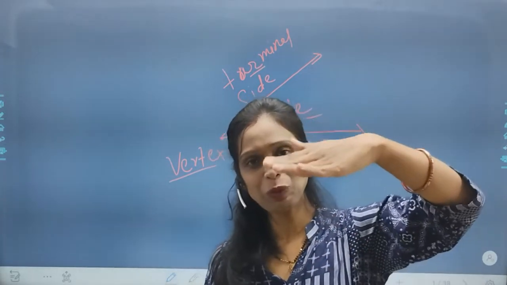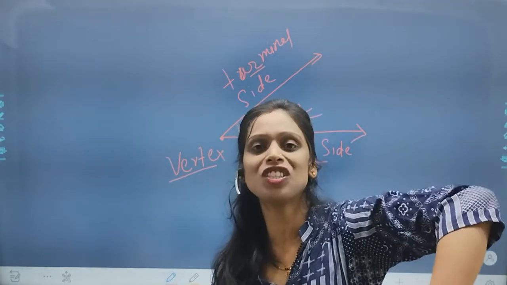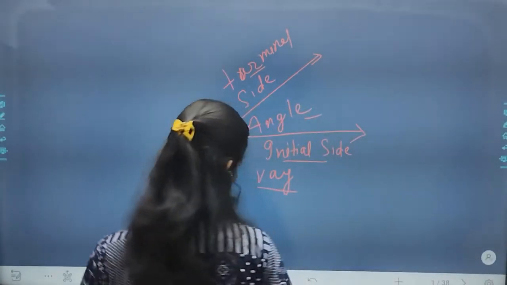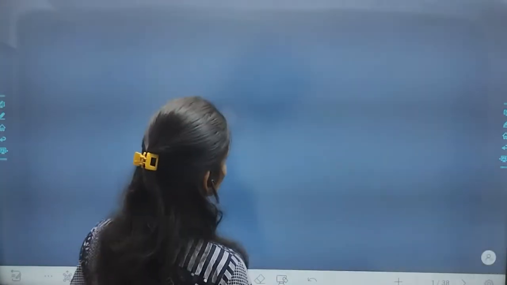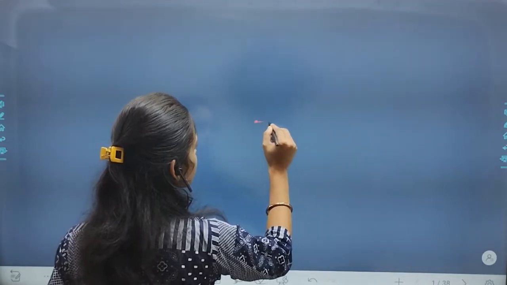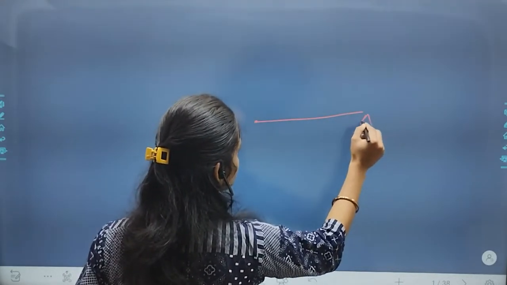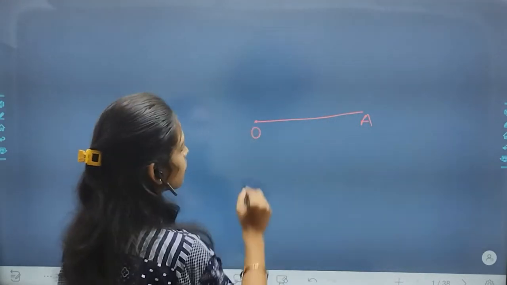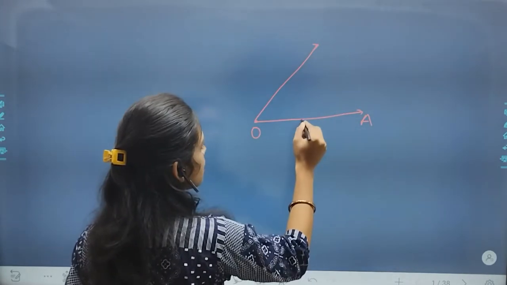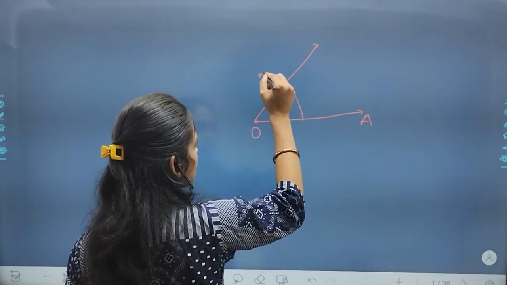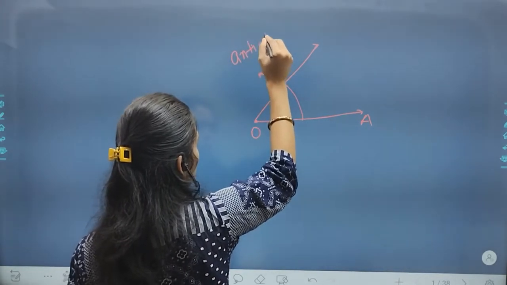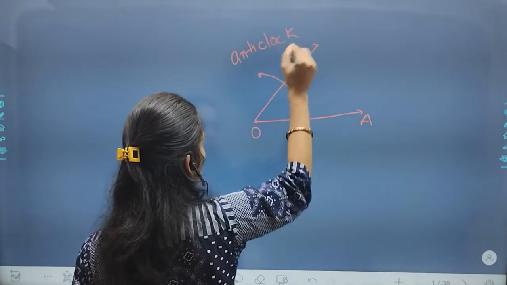And when it moves in a clockwise direction, it is called negative. Let us suppose it is moving anti-clockwise.